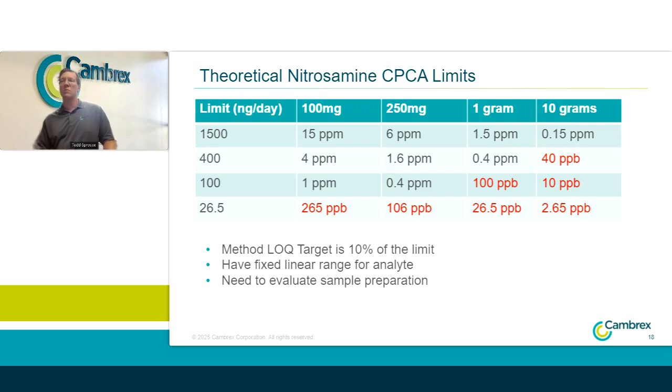And then our goal is the method LOQ target is going to be 10% of these limits. And so we do have a fixed linear range for an analyte, and then we need to really evaluate the sample preparation in terms of the drug substance or the drug product.